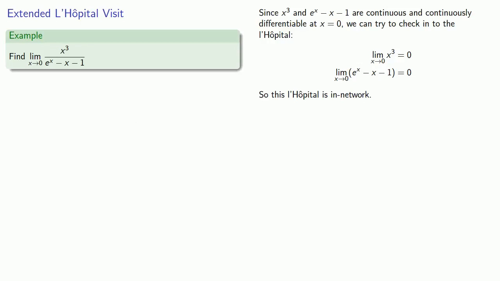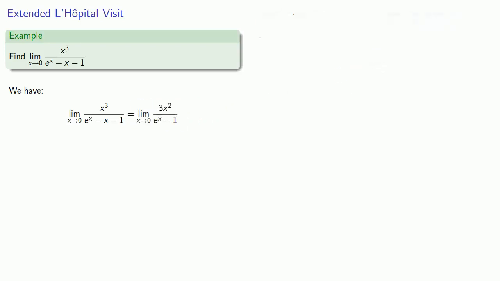So our limit as x goes to 0 of our quotient is the limit as x goes to 0 of the derivative of numerator over derivative of denominator.